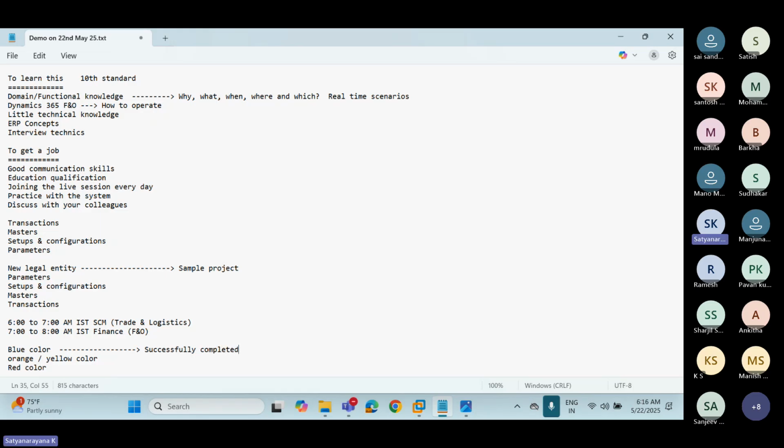Whenever you are posting any transaction, if it is posted successfully, then it is blue color. Orange means it is a warning, so you need to learn warnings as the highest priority. Next, red color means it stops the process.